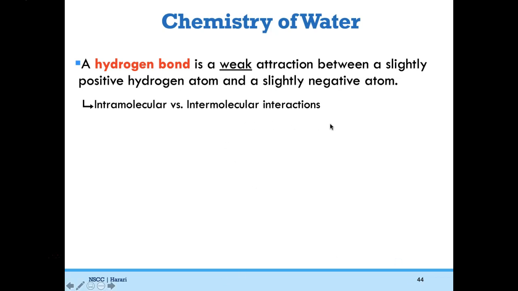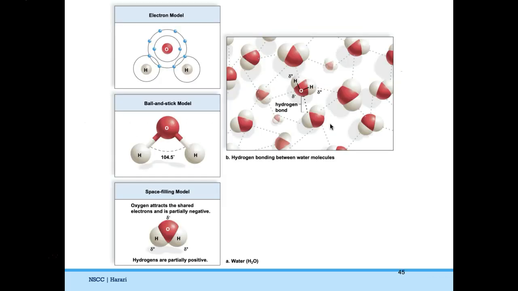Different water molecules interacting with each other. And a single hydrogen bond is weak, but many together are very strong. So this is an example of one water molecule drawn out with the electrons being shown. This is called a ball and stick model, an oxygen with two hydrogens.